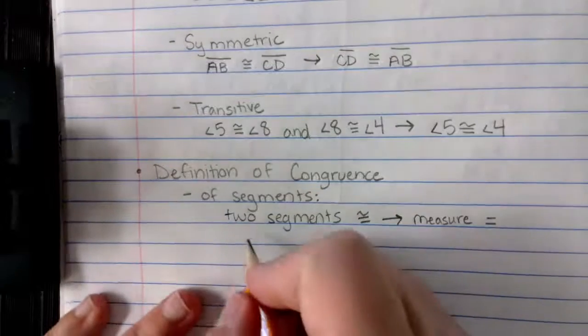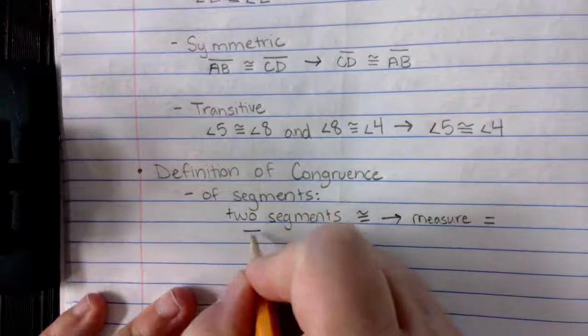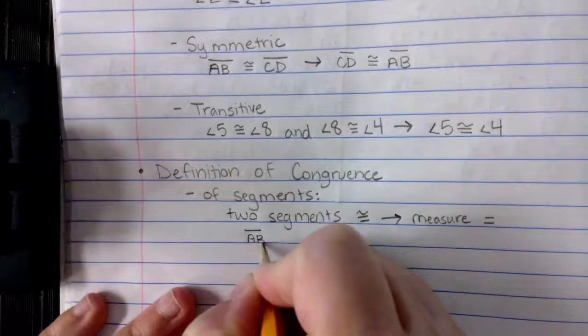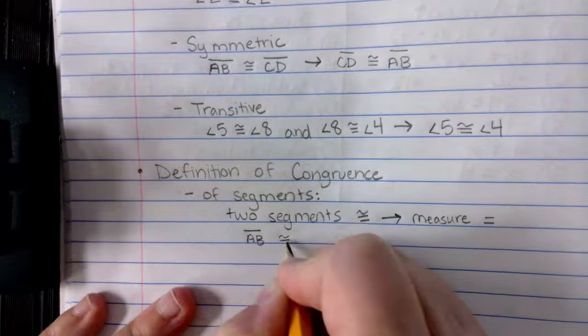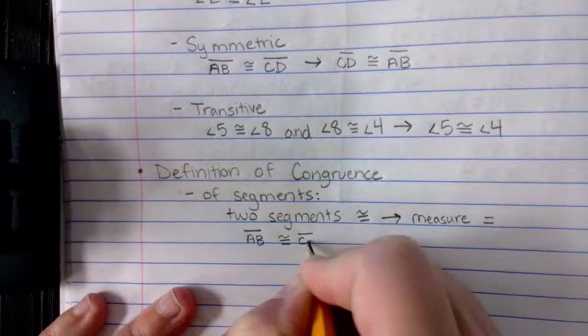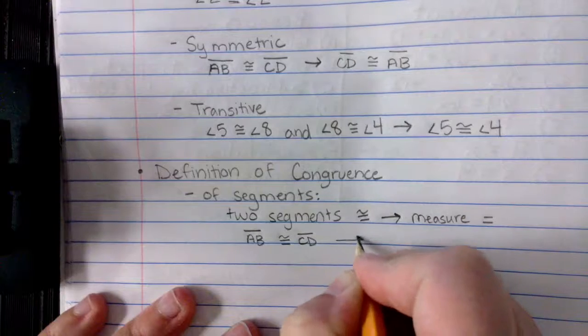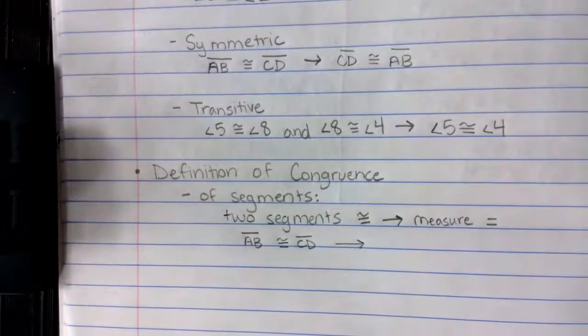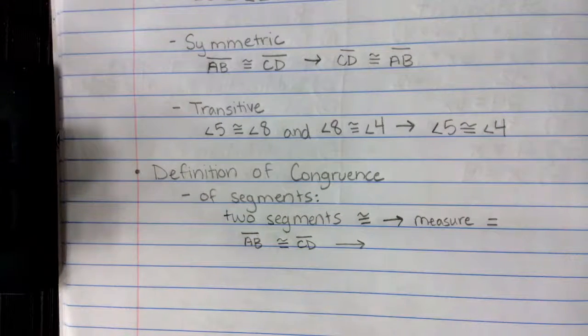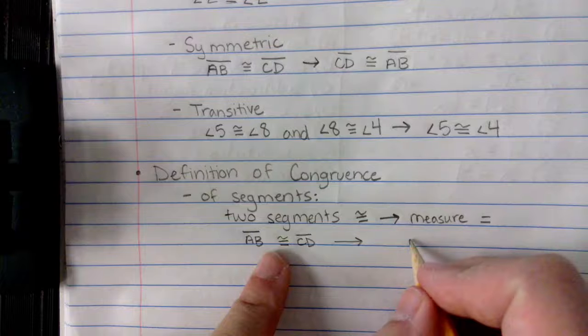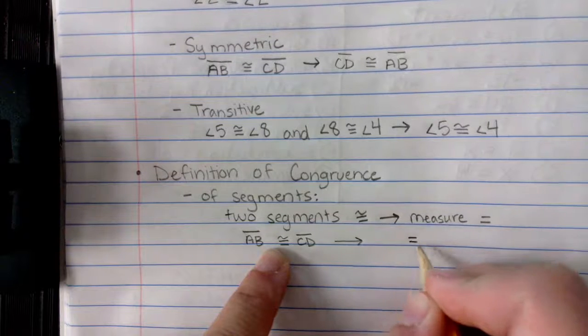So for example, if we know that AB is congruent to CD, we could switch that. Instead of using the congruent sign, we would use the equal sign. But there is one little thing we have to tweak about it.